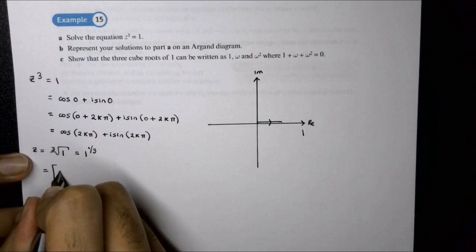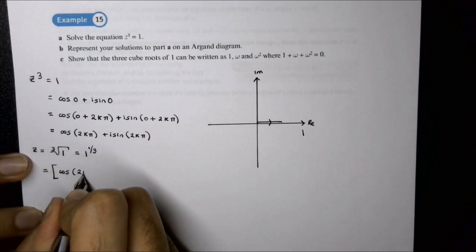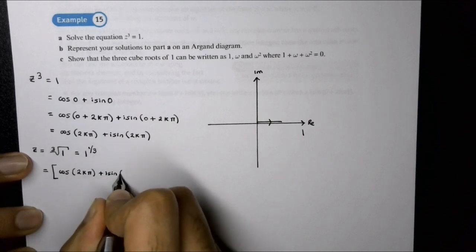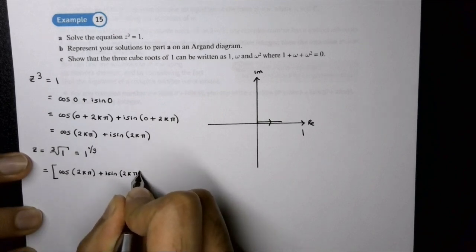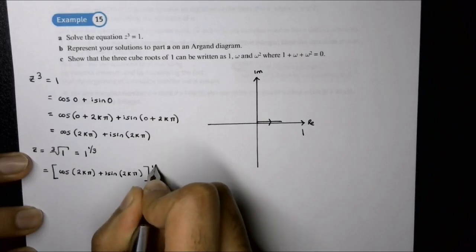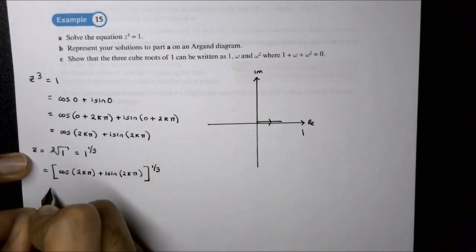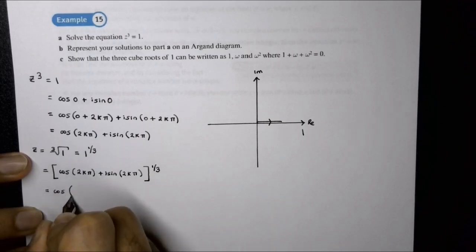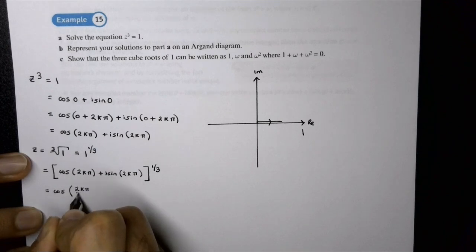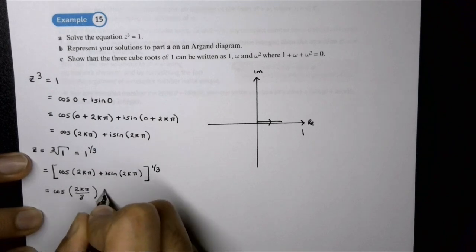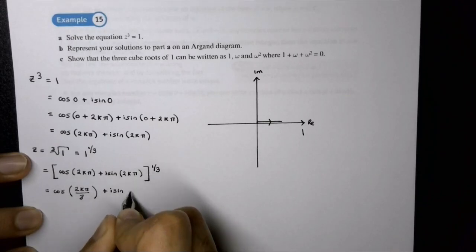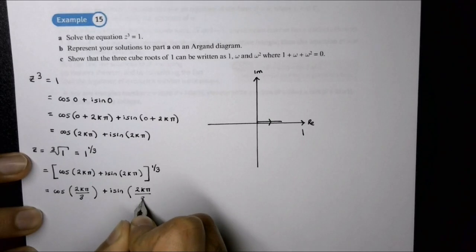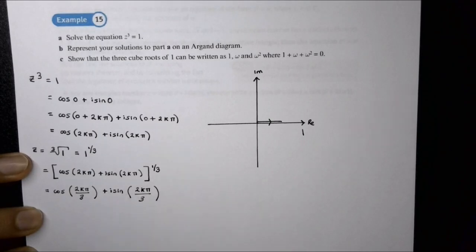So we have (cos of 2kπ + i sin of 2kπ) raised to the power of 1/3. And if we use De Moivre's theorem, we have cos of 2kπ/3 plus i sine of 2kπ/3.